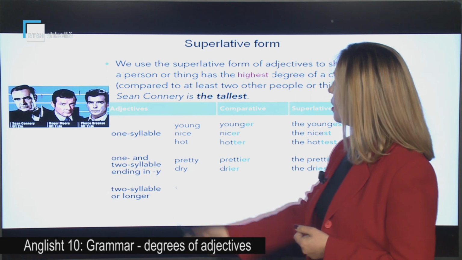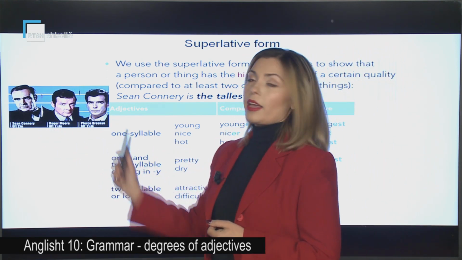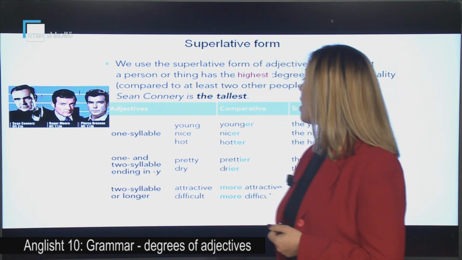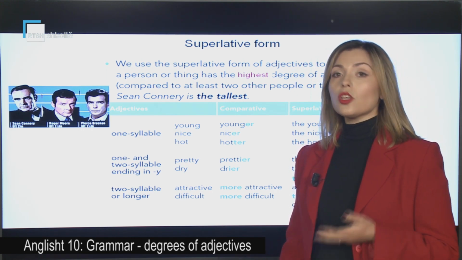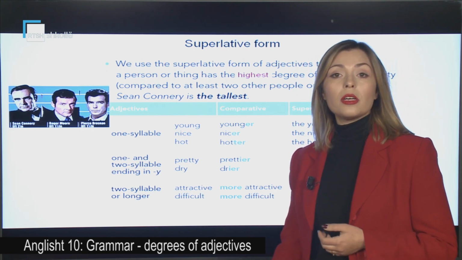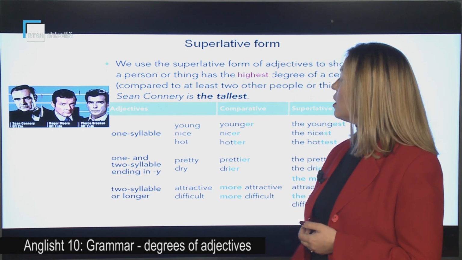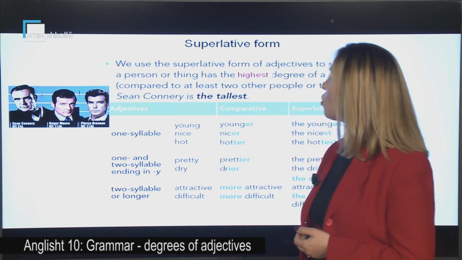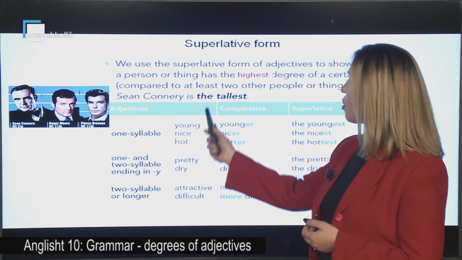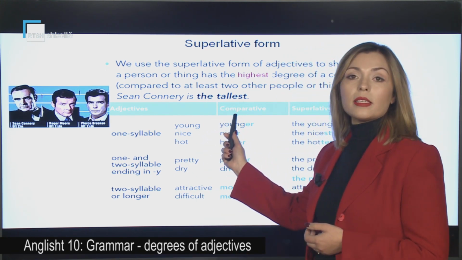So, we have got these three actors, and we have the adjective tall. My question is, who is the tallest of the three? Of course, we can see that that's Sean Connery. So, Sean Connery is the tallest.